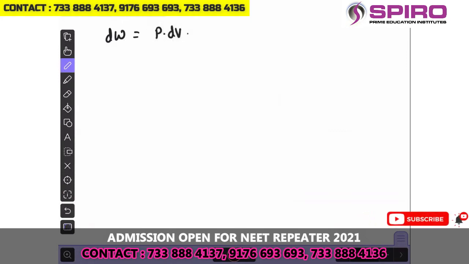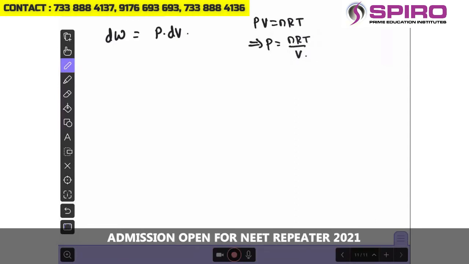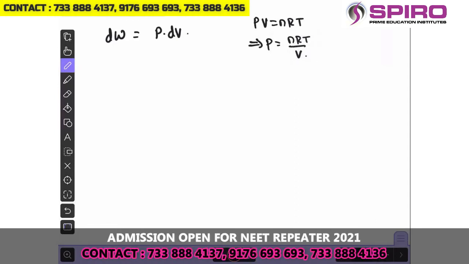From the ideal gas equation PV equals nRT, you can write P equals nRT by V. So substituting that value, nRT divided by V into dV is the work done.